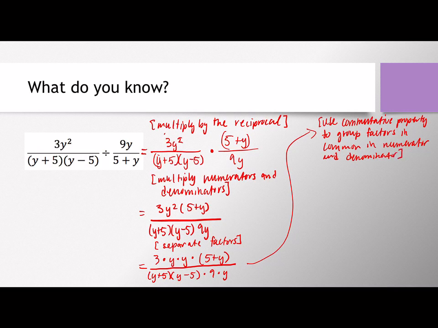Okay, so I'm going to put my 3 here times y times 5 plus y. Okay.